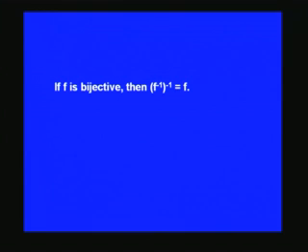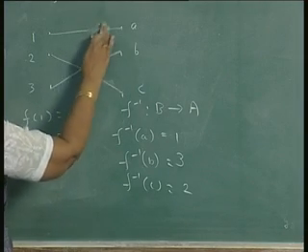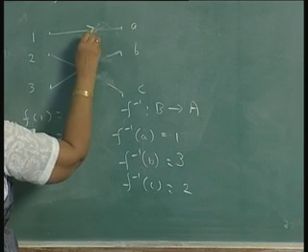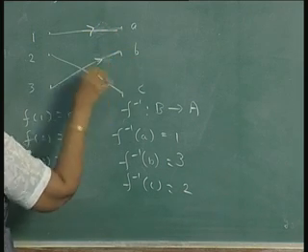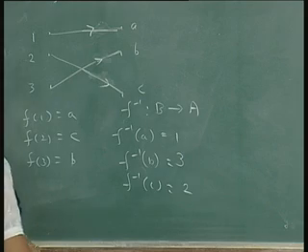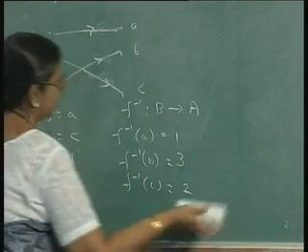If f is bijective, then the inverse of f inverse is f itself. How is that? Look at this example. Originally we had A, B, this is f. Then f inverse is where you reversed all the arrows.